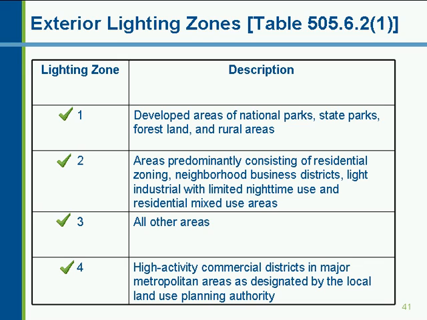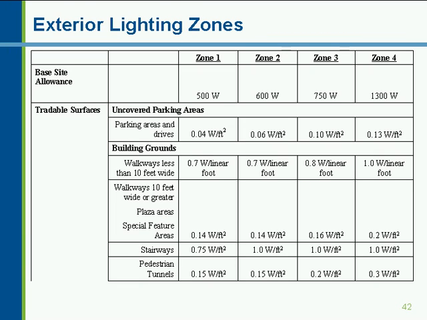Going back to lighting Zone 3, that's all other areas in between, and this is going to cover a lot of commercial areas that are not within a residential zoning space and not within an inner city type environment. This will also be a common application. So once you determine which zone your building is in, you're then able to go to the table and actually pick your allowance.